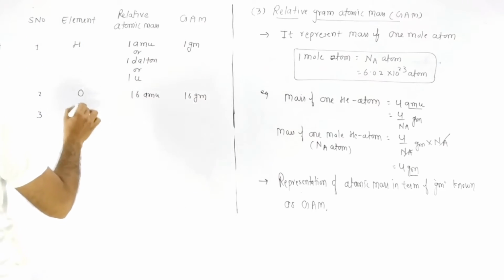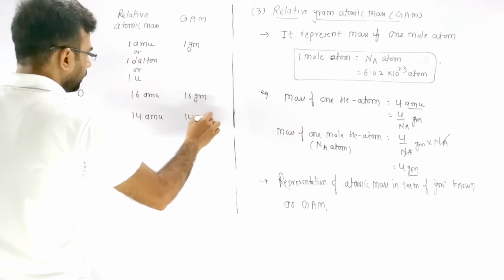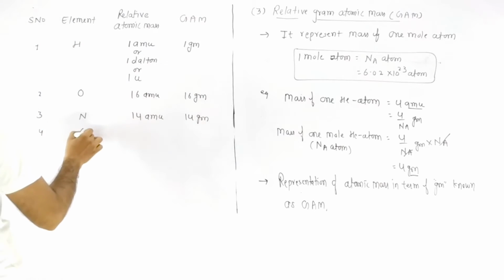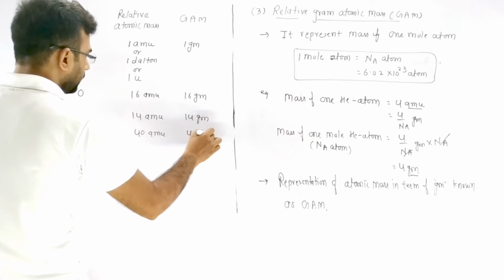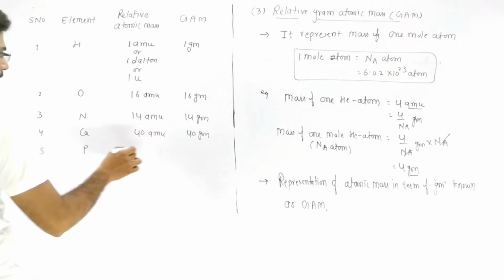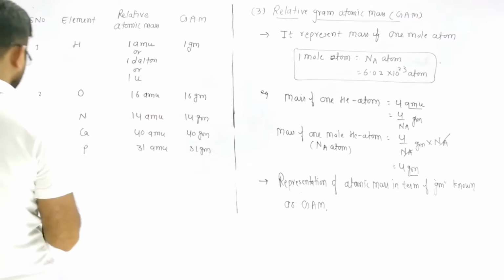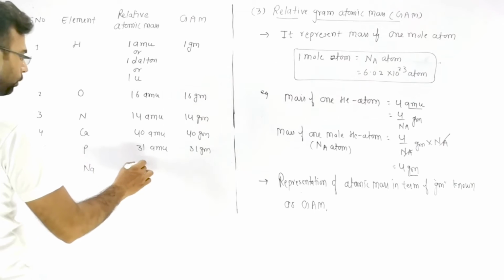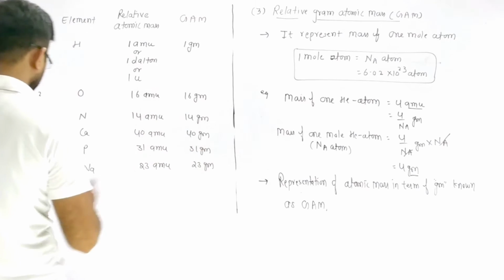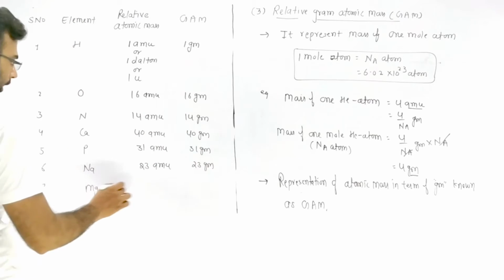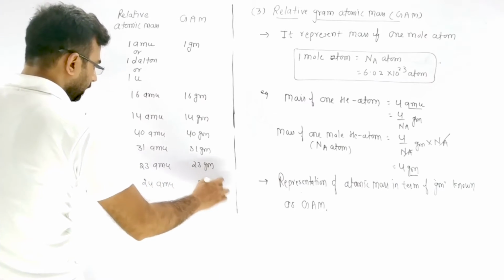Similarly, nitrogen is represented by 14 AMU, but here by 14 gram. Fourth, calcium has 40 AMU, and here it is 40 gram. Fifth, phosphorus 31 AMU and 31 gram. Sixth, sodium has 23 AMU mass and here it is 23 gram. Seventh, magnesium has 24 AMU but here it is 24 gram.